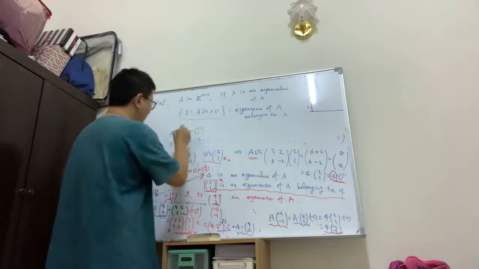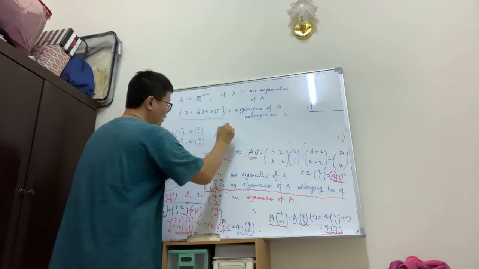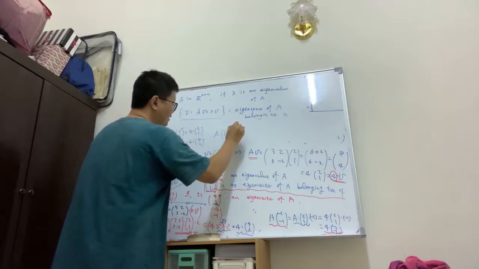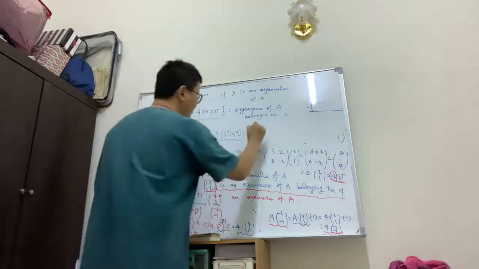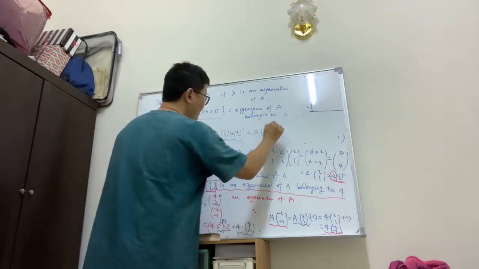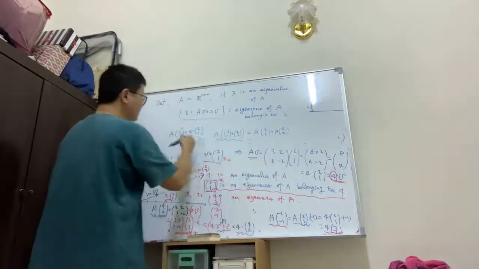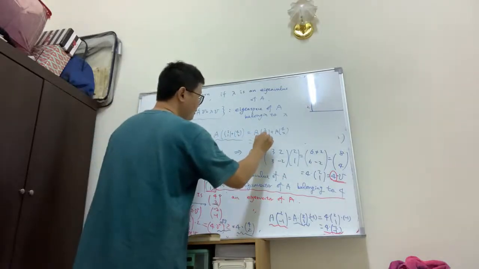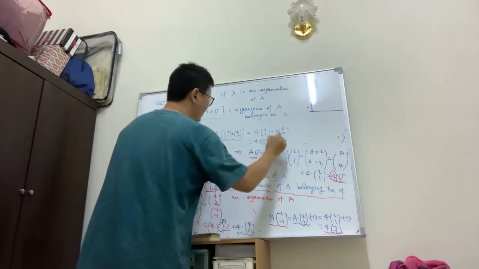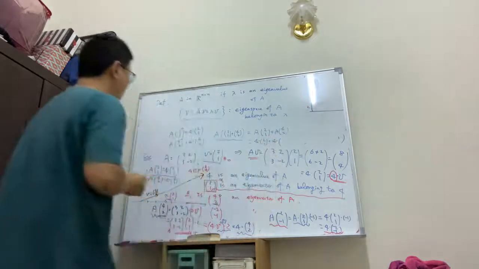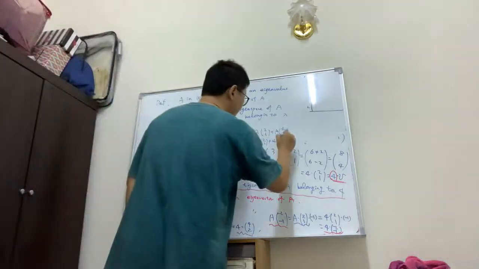Then when we consider the addition, A of the vector 2, 1 plus the vector 4, 2, for matrix multiplication we could separate it: A times 2, 1 plus A times 4, 2. A times 2, 1 is 4 times 2, 1, and A times 4, 2 is 4 times 4, 2.